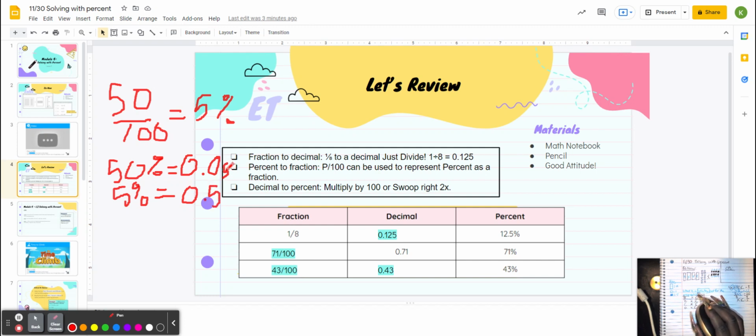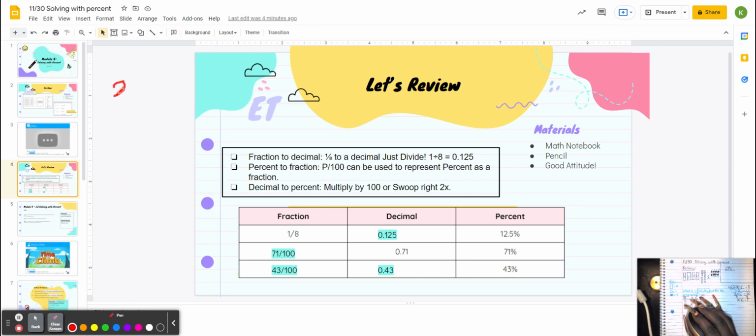Y'all, we have to think about percentages as money. So if everything is out of 100, think about your percent as basically like a dollar bill. So if I have 3 out of 100, that is basically like me saying that I have 3 cents.